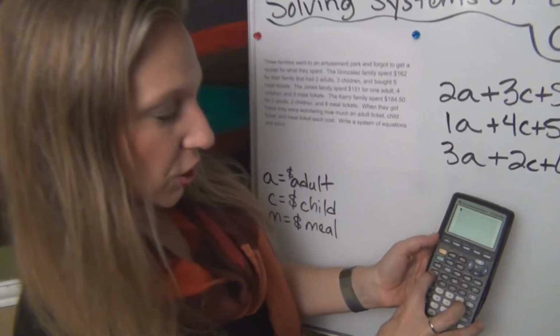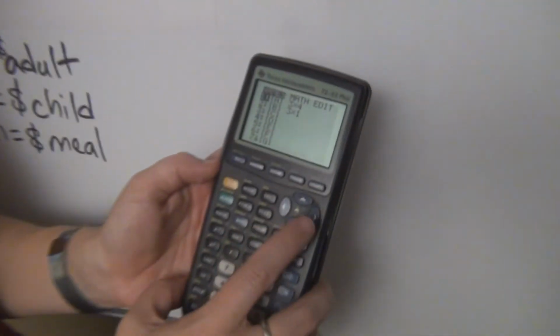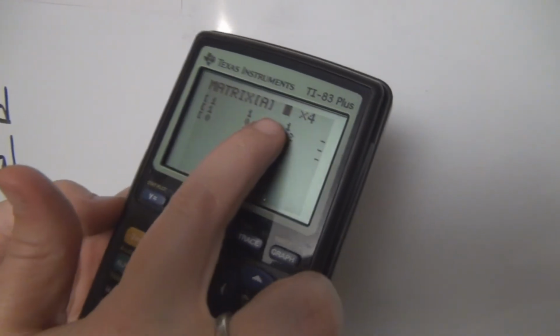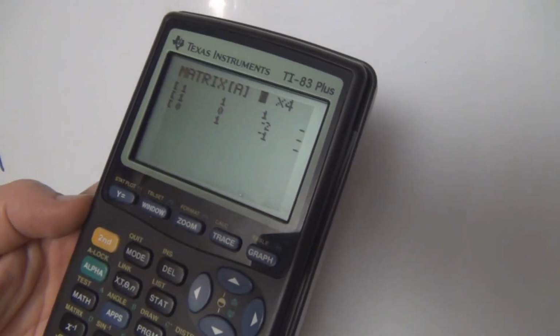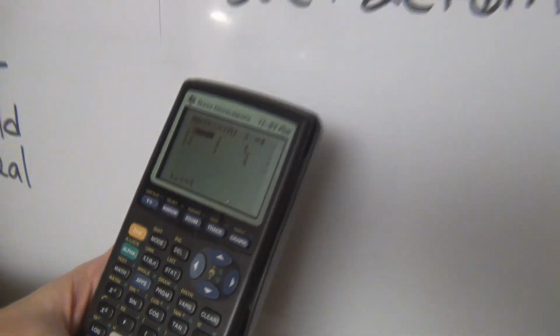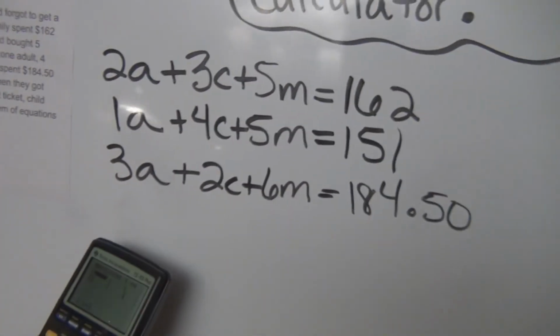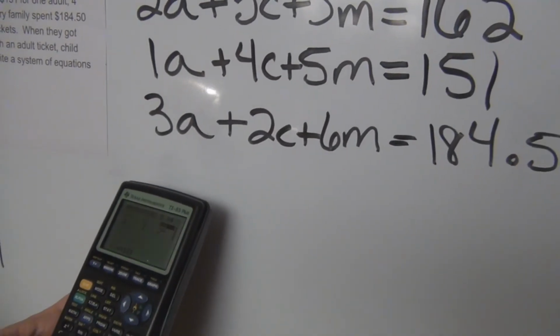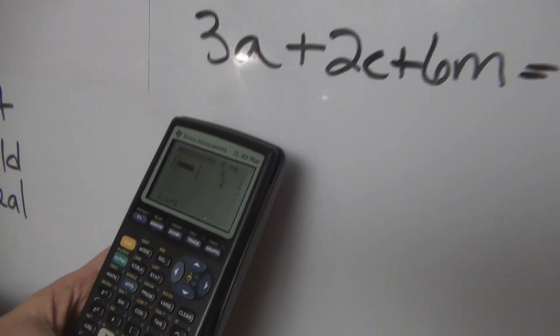All right, so again, we're going to go to second matrix. I'm going to go over to edit, and I again want a 3 by 4 matrix C. So I'm going to hit enter there. I'm going to go ahead and type in each of the coefficients. So the coefficients are 2, 3, 5, and 162.